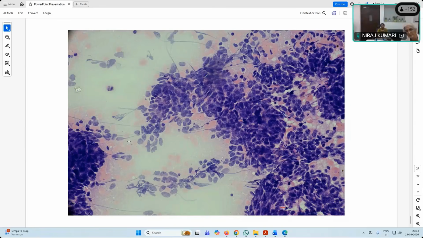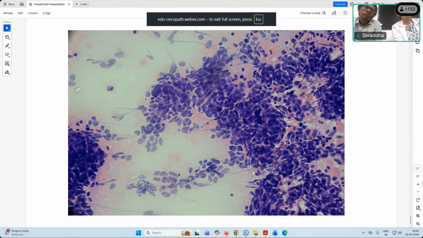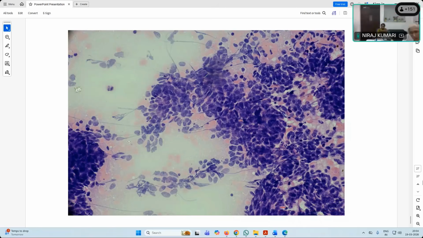Anybody else in any of the cases? Any questions? Ma'am, for the last case, can we give a differential of poorly differentiated SCC? If you want, if you're not sure, you may write it, but then you have to write the markers. How will you approach your differentials?